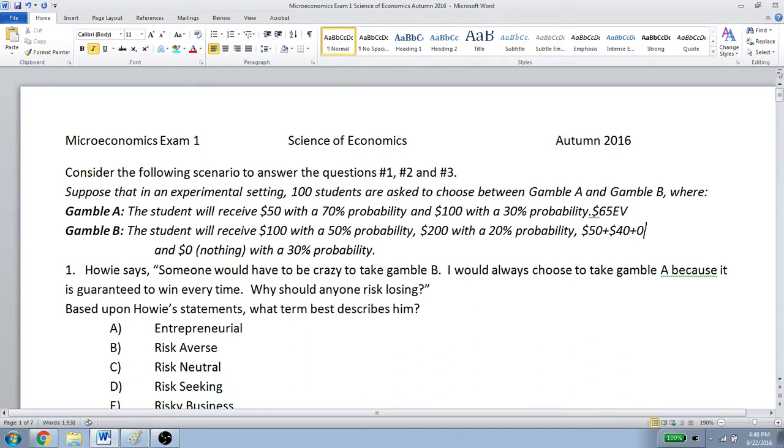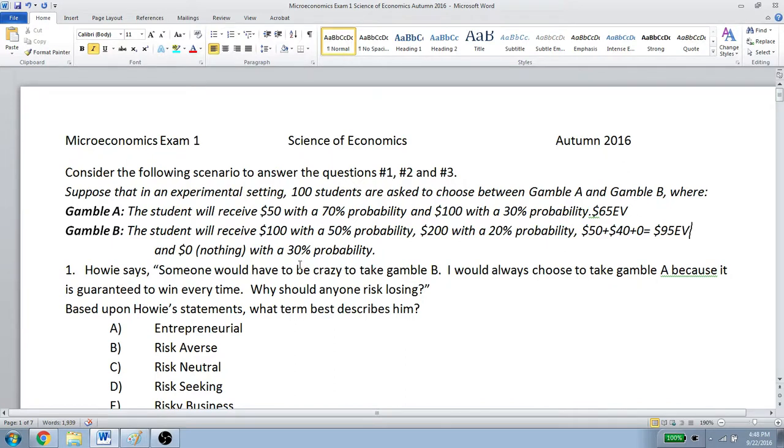And if we add all that together, we'll see that the expected value is 95. So since the expected value of Gamble B is more than the expected value of Gamble A, a risk-neutral person would choose Gamble B. But let's hear what Howie says.